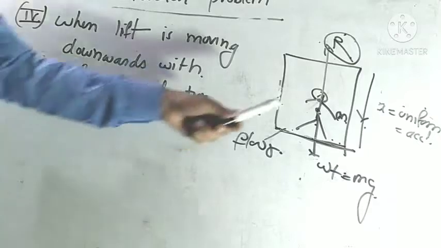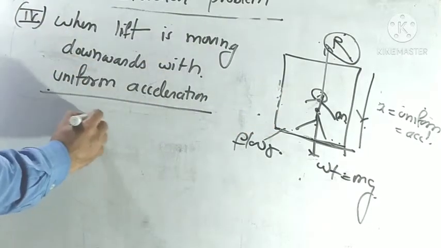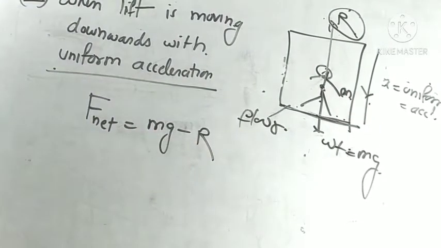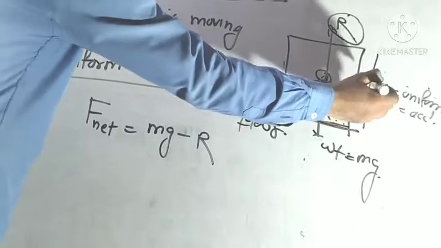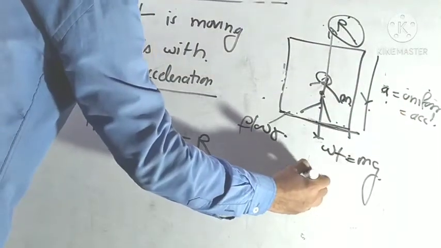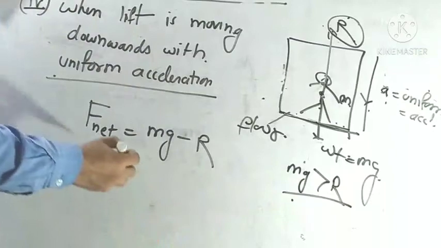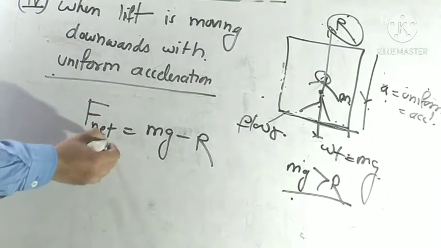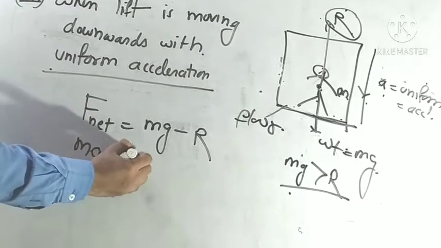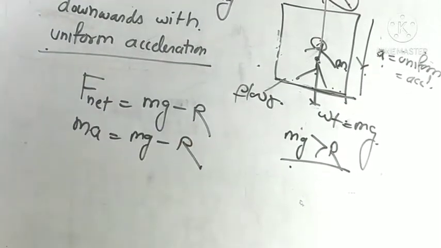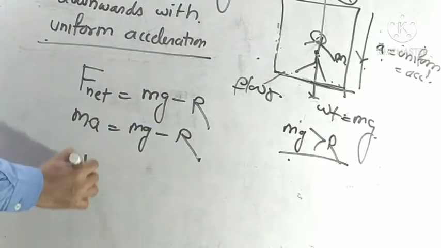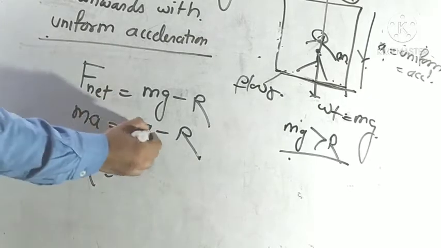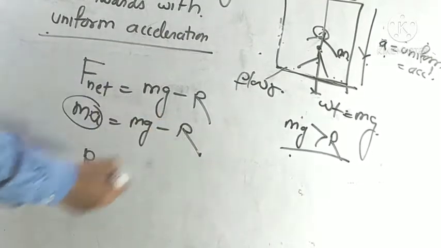In this case, the net force working on this man will be mg minus R. The lift moves downward with uniform acceleration a, so the weight of this body is greater than the normal force. The net force working on this body is mg minus R, so F net is equal to ma, which is equal to mg minus R. Now we have to find the value of R. R goes to the left-hand side, and its sign changes from negative to positive, and this term ma comes to the right-hand side.